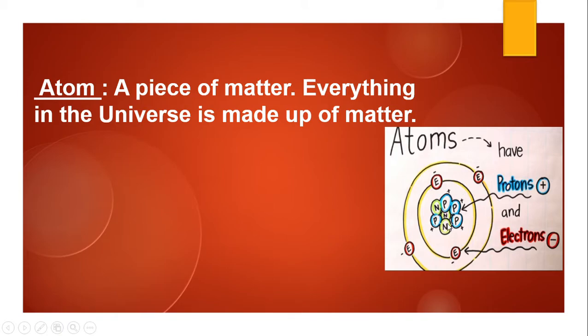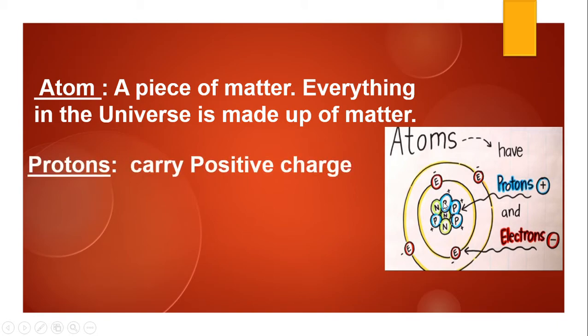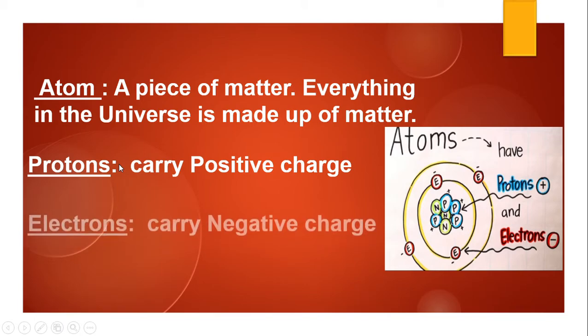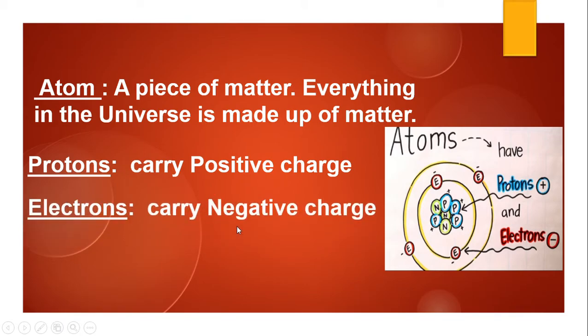They also have neutrons, but we will be focusing only on protons and electrons. Protons are positive charge and electrons are negative charge. Please remember this. Protons carry positive charge, electrons carry negative charge.